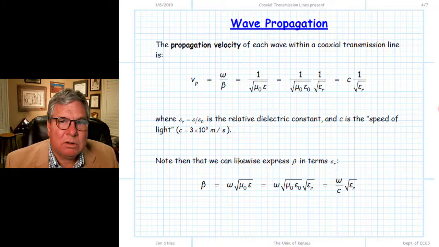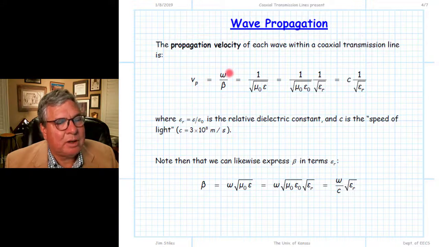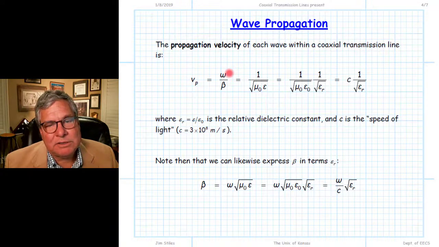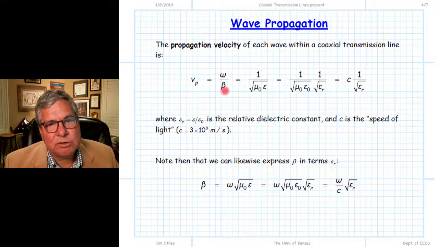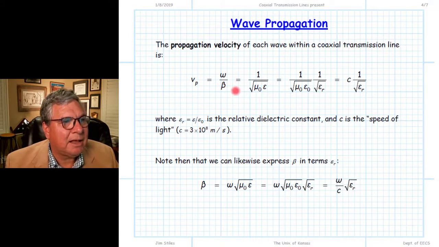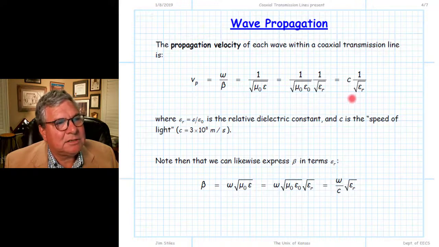Later we'll show as well that the velocity of a wave propagating in a transmission line is simply equal to omega, its radial frequency, 2 pi times f, the cycles per second of the oscillation, divided by this value of beta. And we'll show that there's interesting symmetry associated with this in terms of the units of omega and beta. If we insert the previous results from the previous page in there, we can find that velocity is going to be equal to this.